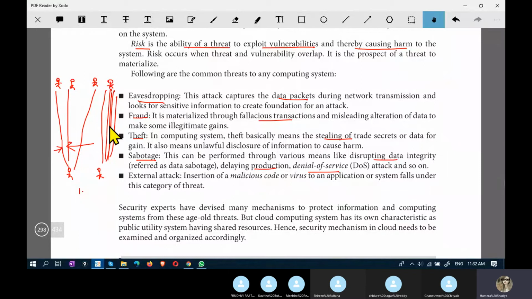And these assigned tasks are meant only to disrupt the whole service. Others cannot get service. So that is denial of service attack. External attack is like insertion of malicious code or virus.